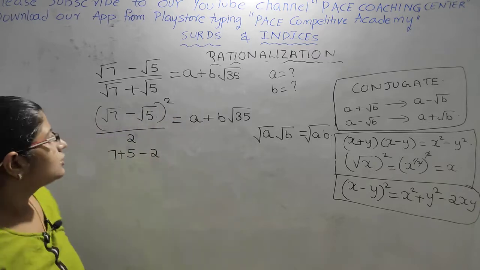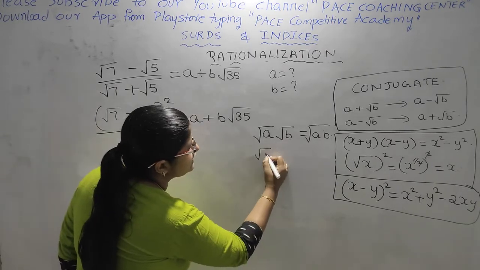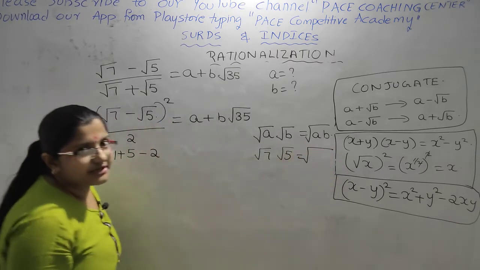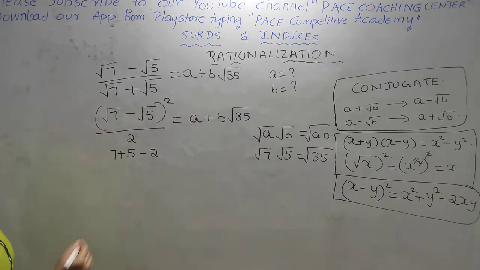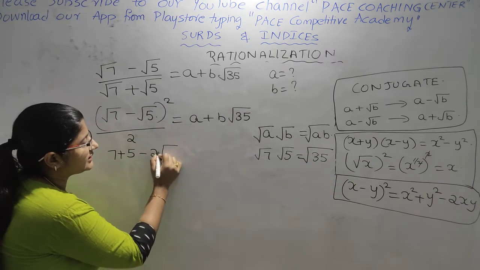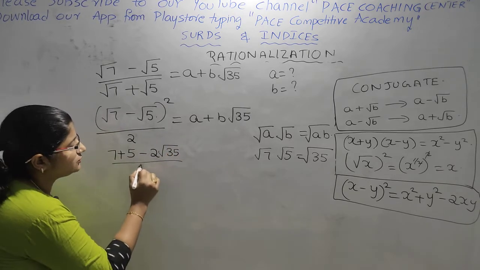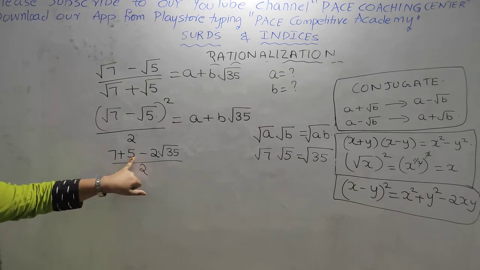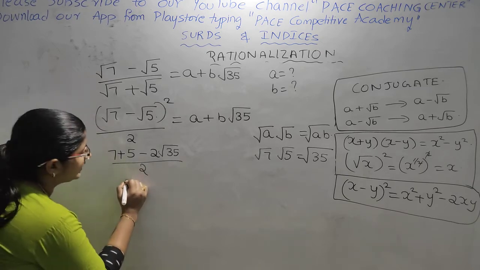So you will get a term minus 2 into root 7 into root 5, which is root over 7 into 5, which is 35. So I am directly writing here root 35 divided by 2. 7 plus 5 is 12.